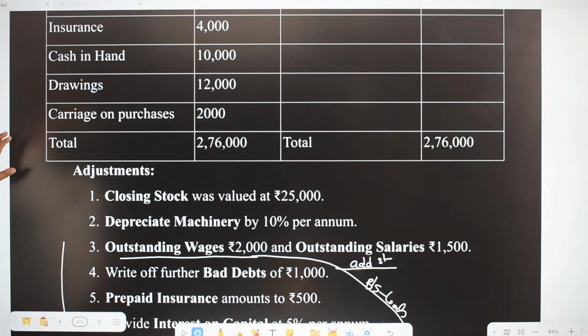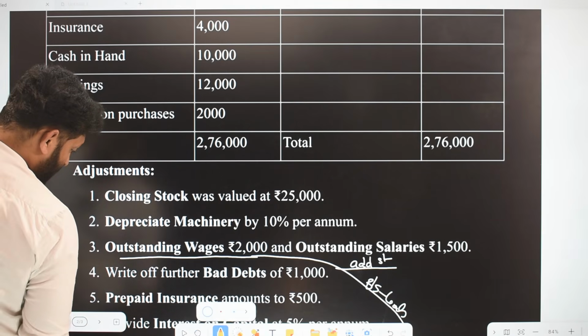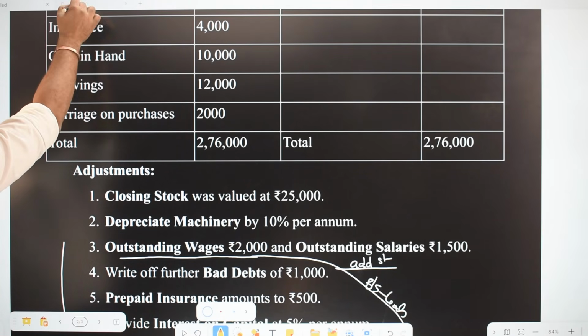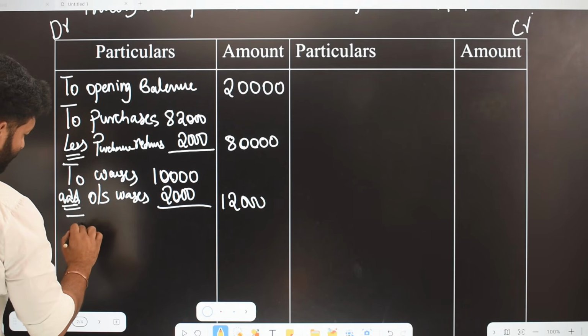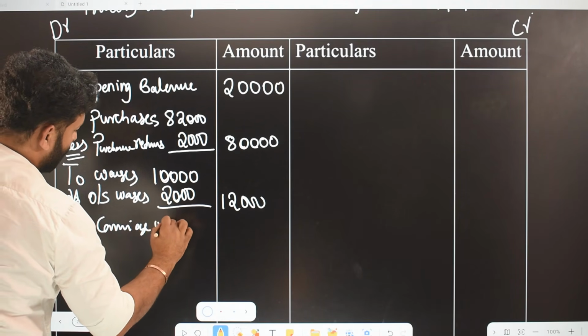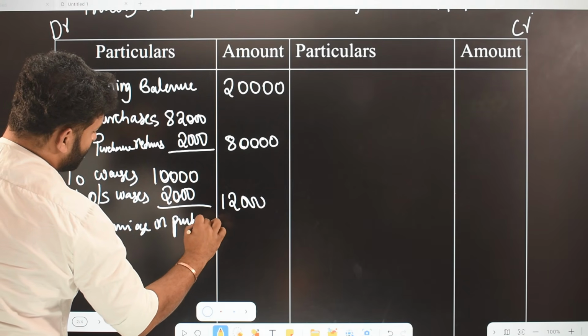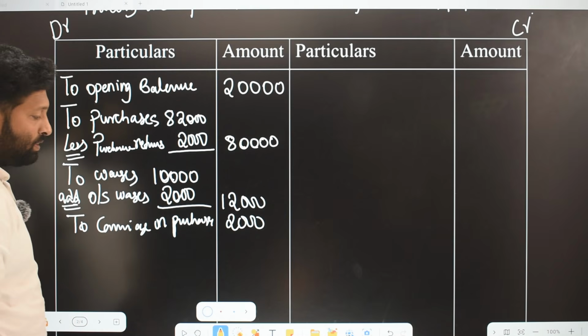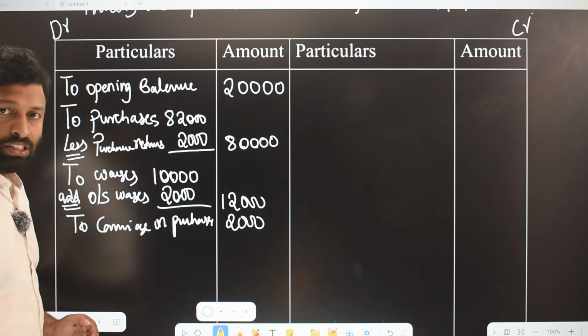Carriage on purchases is a trading account expense, so posted in the trading account. To carriage on purchases 2,000. So we are done with the debit side transactions.